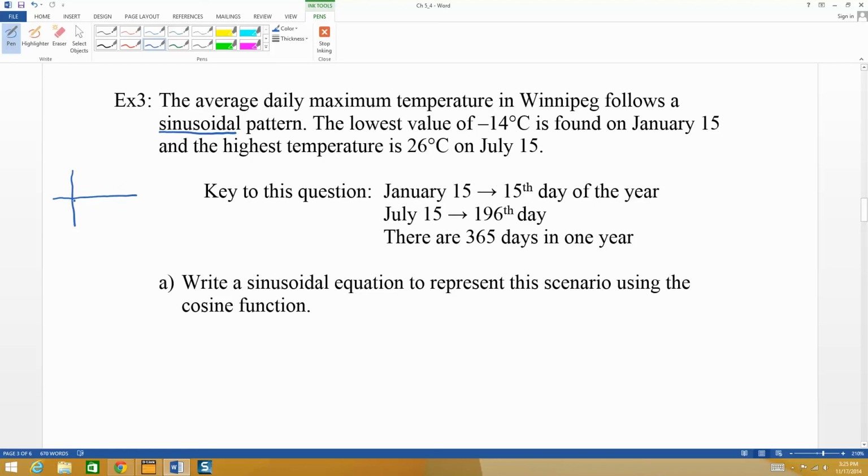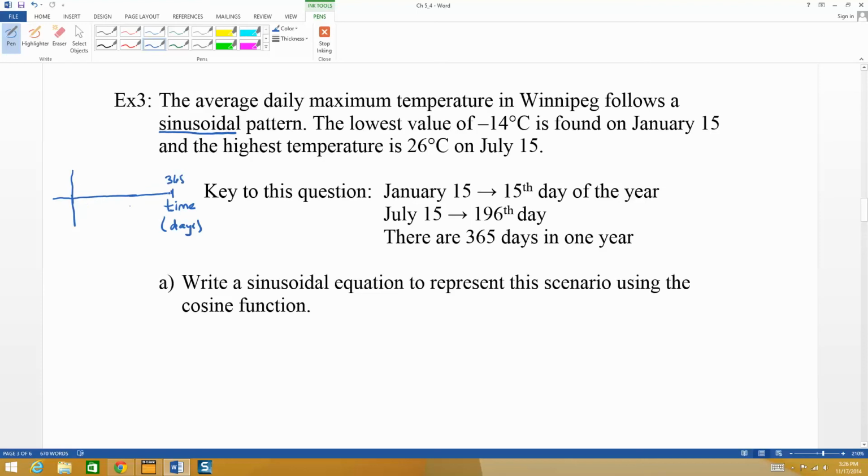If this x-axis is time, and we are doing this in days, not in seconds, we're going to count 1 as January 1st, and then the 15th day would be January 15th. So this whole cycle would be 365. The first thing you know is that the entire year is going to be 365.